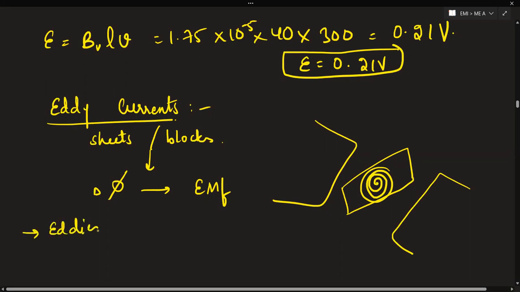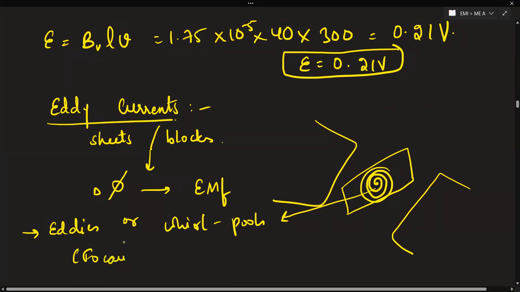These are known as eddies or whirlpools, and they were also called Foucault currents. This was based on the scientist's name.